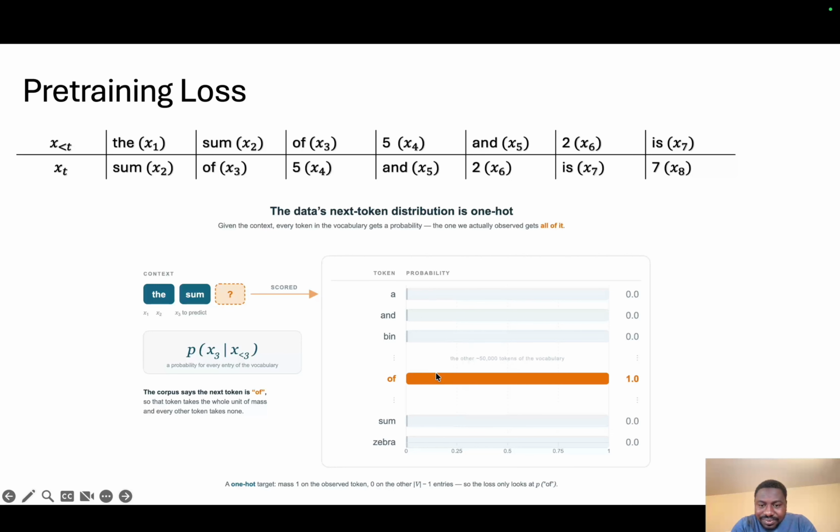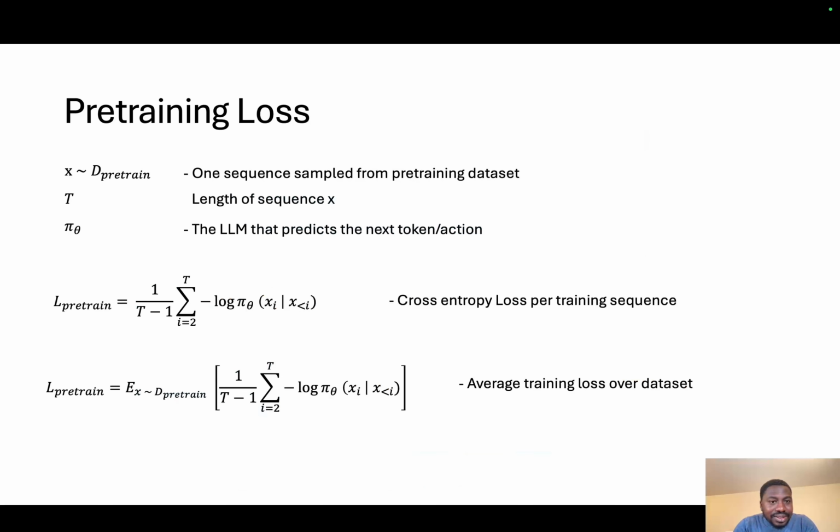Your vocabulary could be much larger, and every other token has zero probability because we know that's not what happened in the data. And so the actual token, which is "off", gets all the probability, all the weight, right? So p of x3 given x less than 3 is basically 1.0 for "off", and everything else is zero. And we're going to use this fact soon.